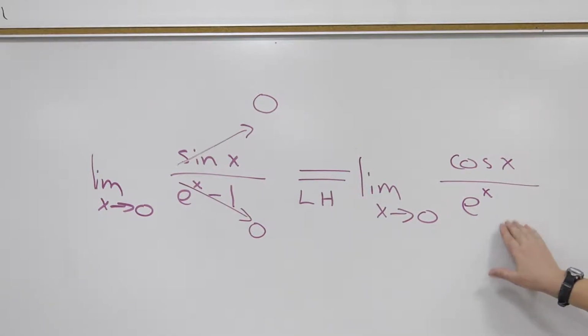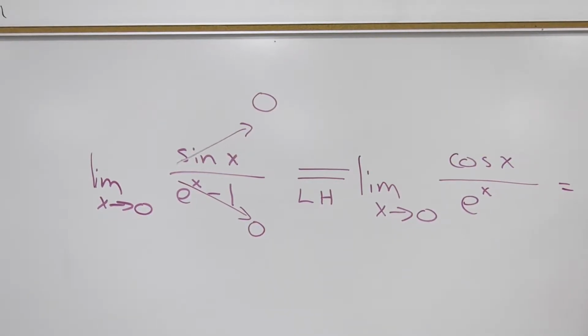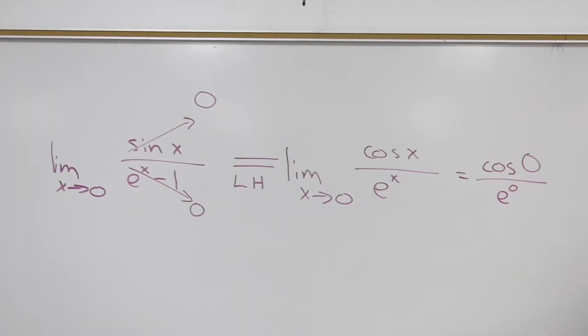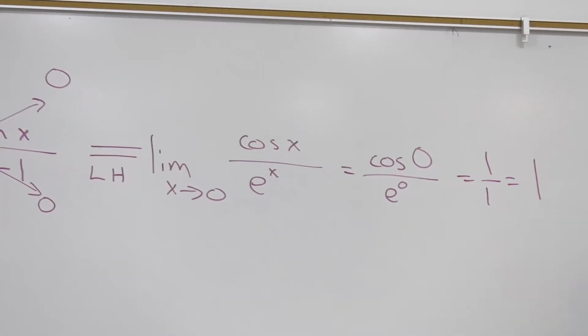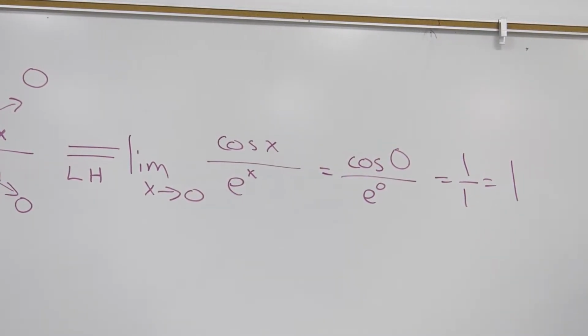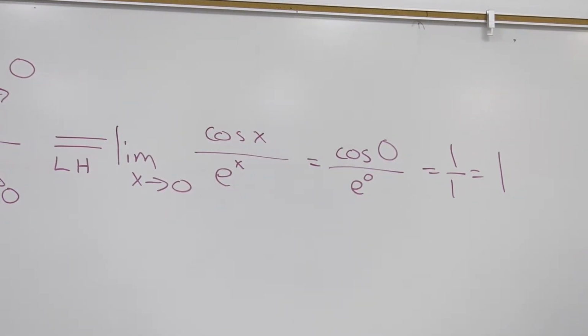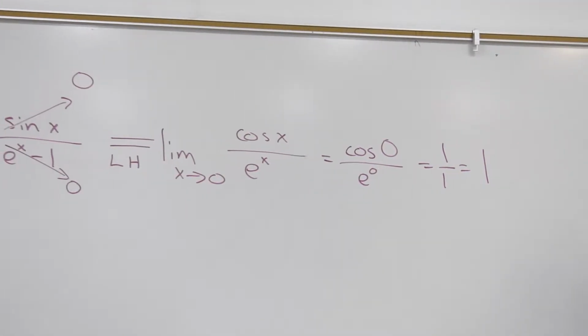But now, in evaluating this limit, I can actually just plug in 0. That's cosine of 0 over e to the 0, 1 over 1, which is 1. So a limit that would have been very difficult to evaluate otherwise becomes relatively simple as we use L'Hopital's rule.